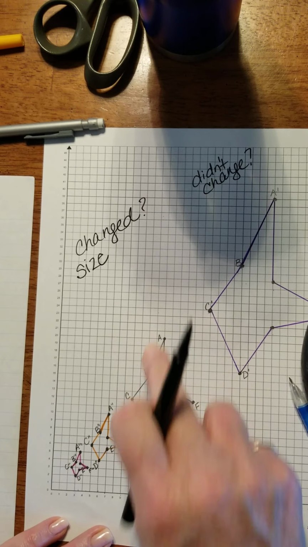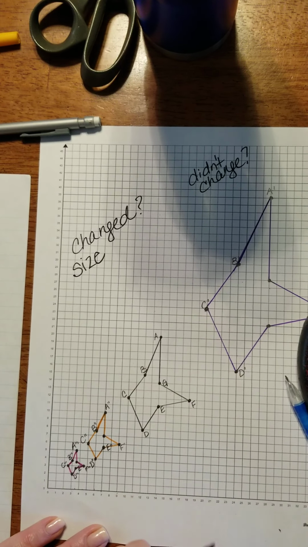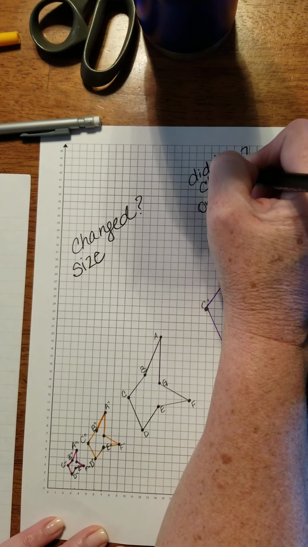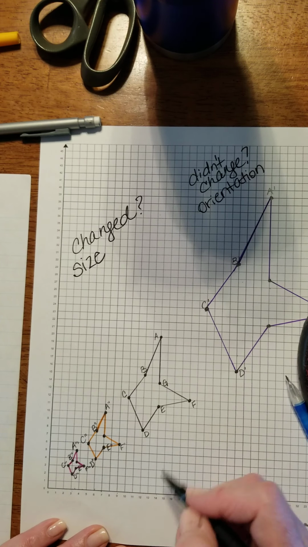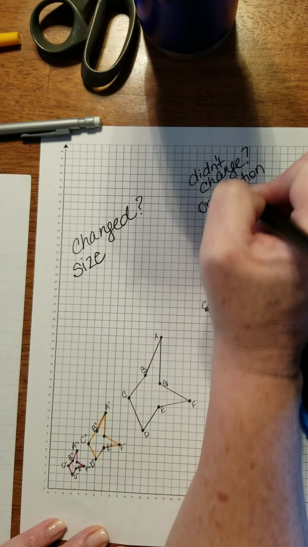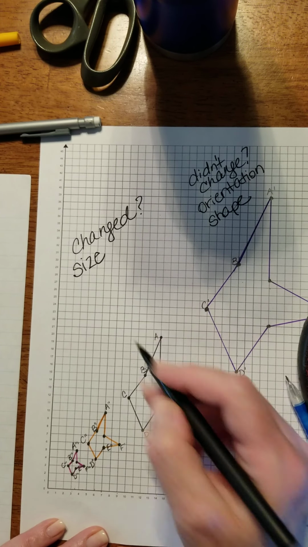A is always at the top, D is always at the bottom, C is on the left, and F is on the right. So the orientation stayed the same. The actual shape stayed the same. What changed about it? The side length.